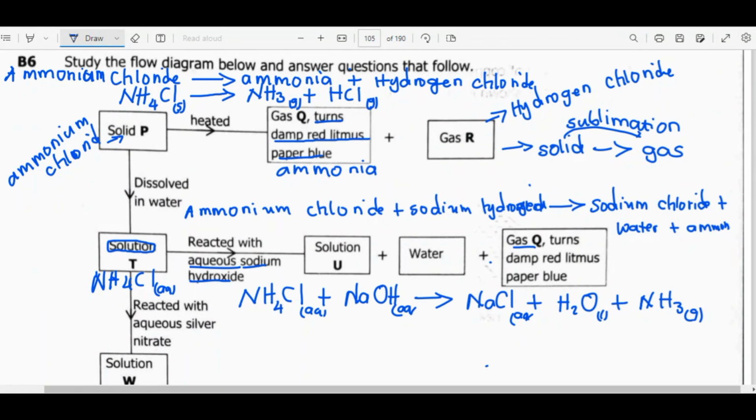Now if we look at this equation, it is not balanced. In order to balance it, let's put a 2 here. So we have 2 nitrogen, we also put here 2 nitrogen. Then 2 times 3 is 6, then here we have 2 times 4 is 8.